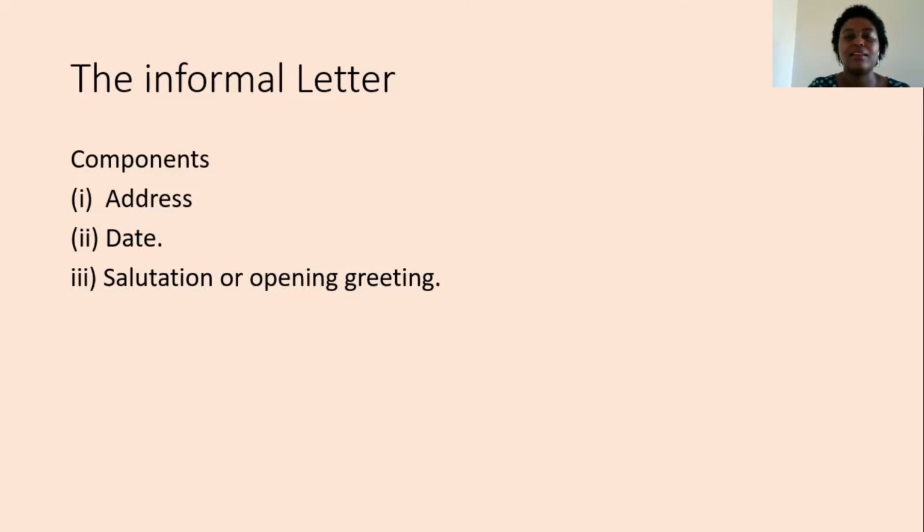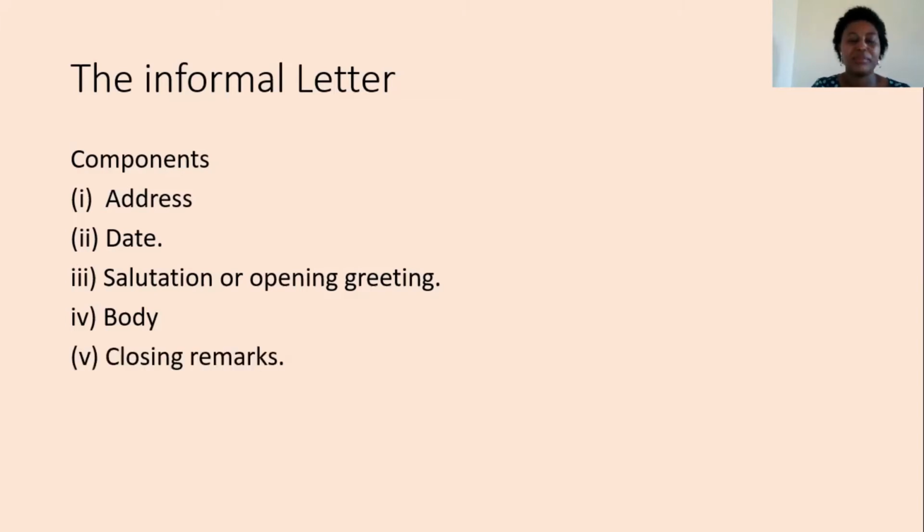The other component that we have is the body. The body is everything that you're going to talk about in your letter. Tell the friend how you have been, bring the reason why you're writing this letter, and all the detail comes in the body.